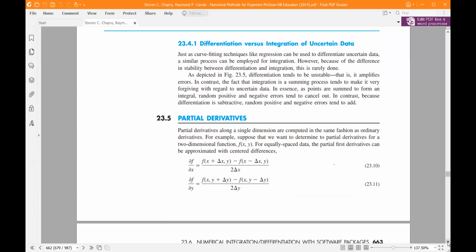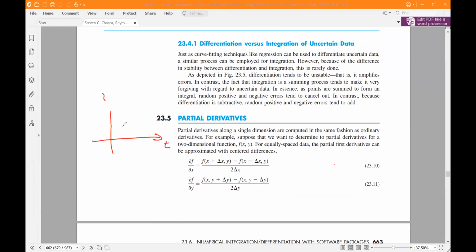So if you make a mistake in your measurement, and later use that data to calculate the derivative, then a strange result may come. Even sometimes a huge voltage can be wrongly estimated.